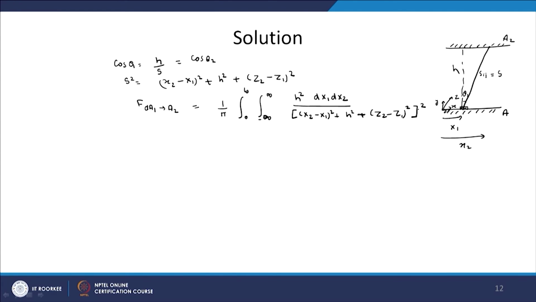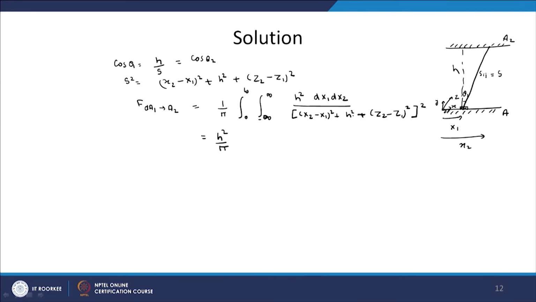Remember, s square is already there in the expression, but we have s in cos theta also. So, h square is constant and can be taken out, upon pi.